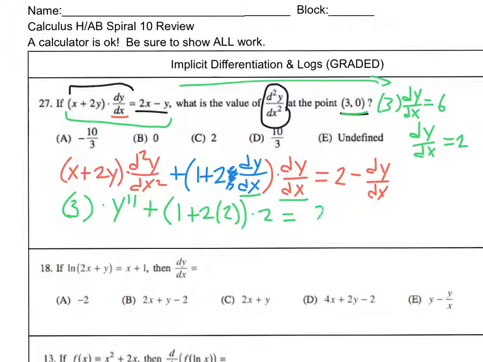And over here we've got 2 minus 2, which is 0. That's kind of cool. So 3y double prime plus 5 times 2 is 10, and that equals 0. Negative 10 over 3 is what I'm getting, which is going to be A.